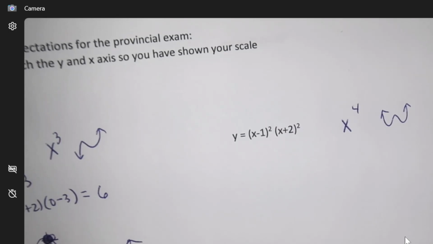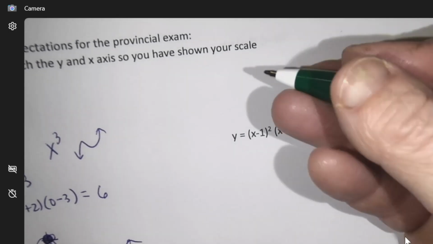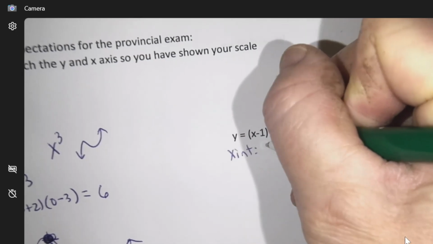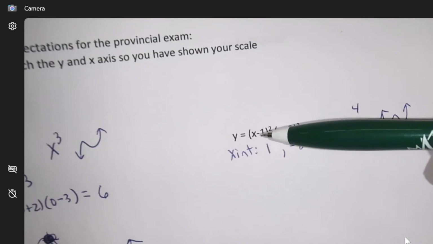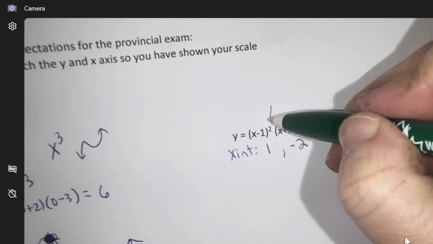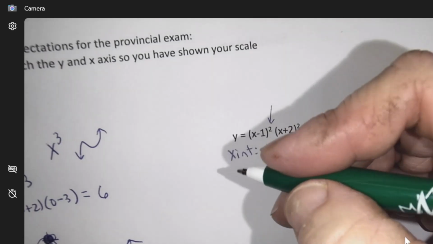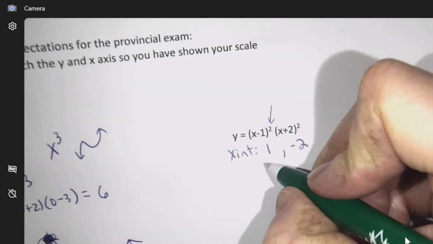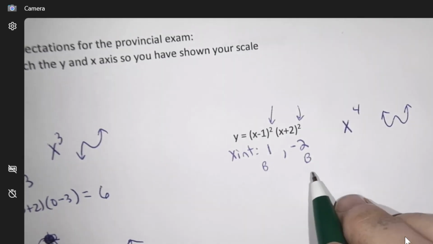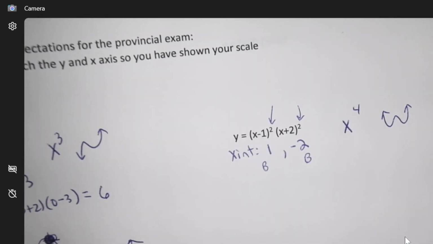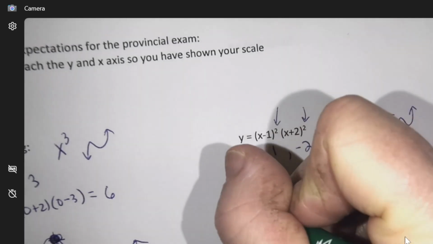The arrows need to both go uphill. So my x-intercepts are going to happen at 1 and -2. But at 1, it got doubled. So what was the thing that happened with the double pattern? It's going to bounce. I'm just going to write myself a little memo there. It's going to do a bounce.